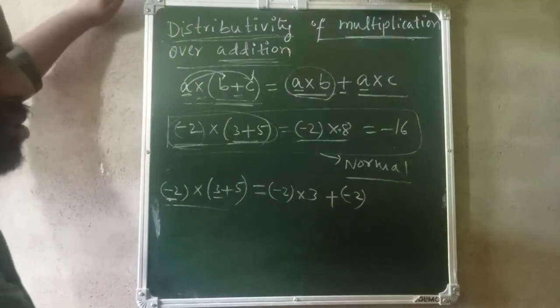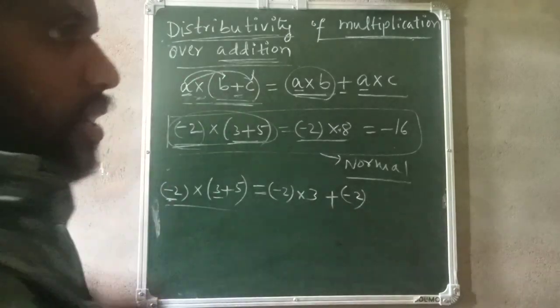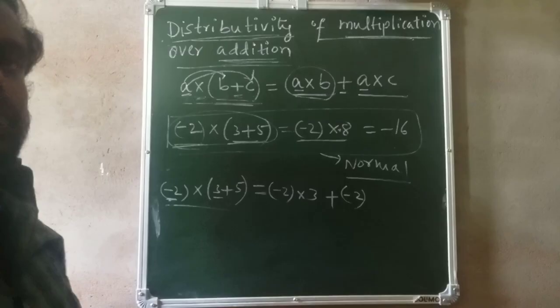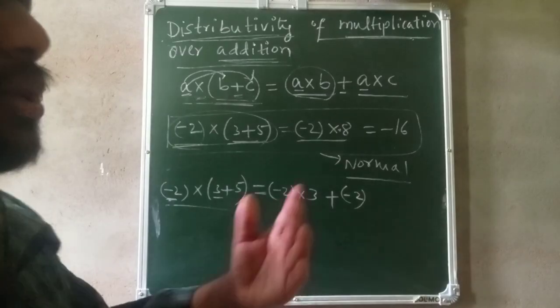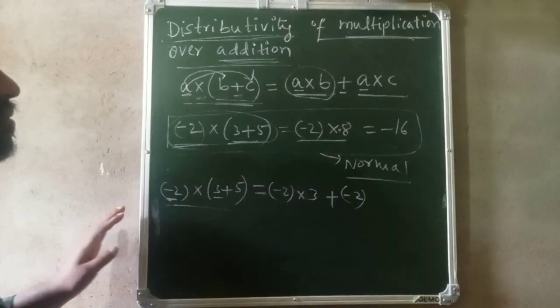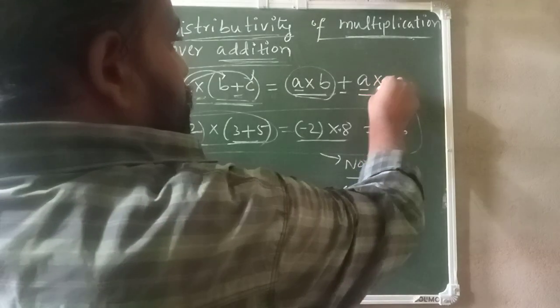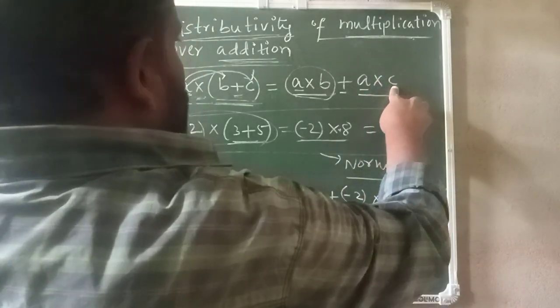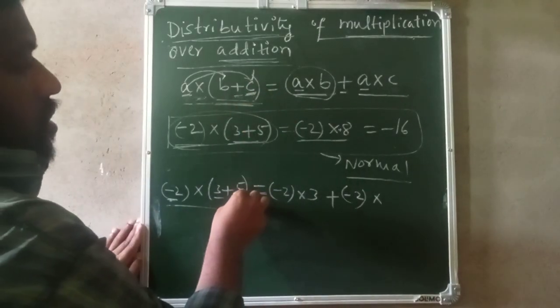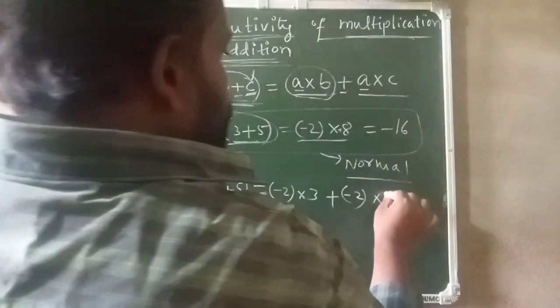For negative numbers, put brackets. Otherwise, some students may get confused or get wrong answers. They may make some mistakes. Okay. Next to into, next c is there. So in place of c, what do we have? 5. So in place of c, you write 5.